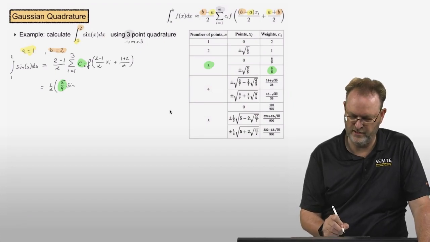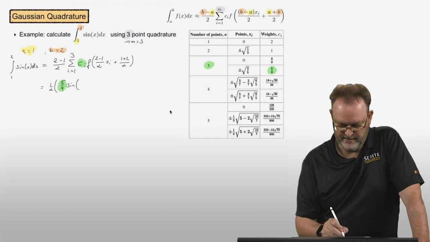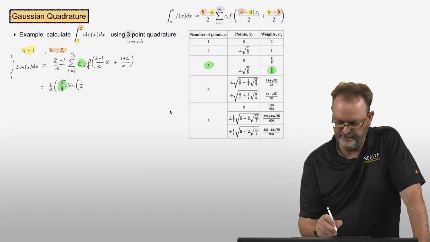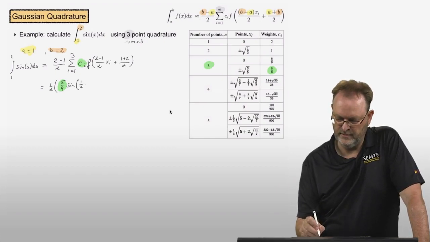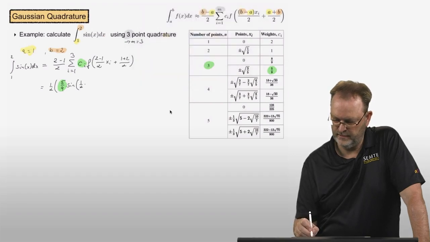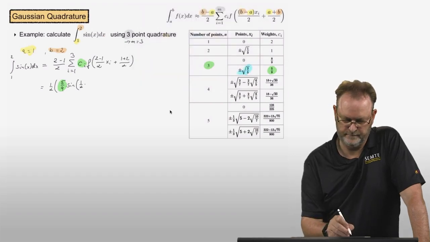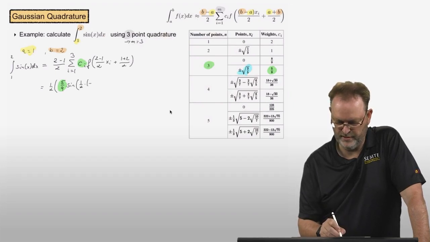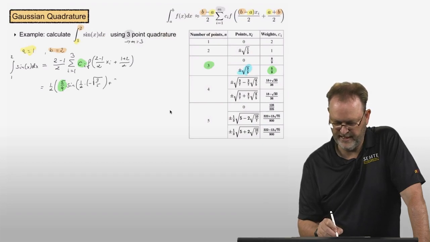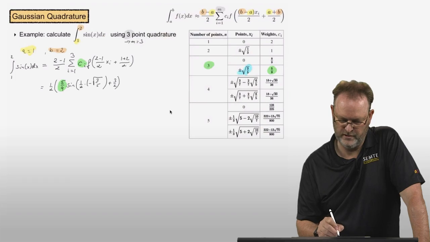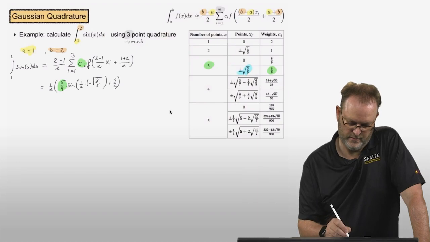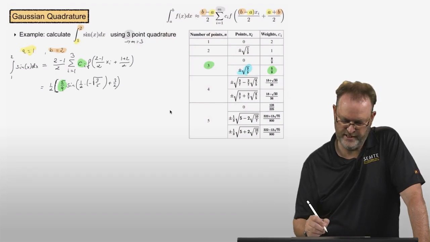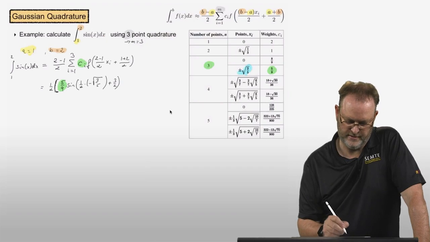So the sine of 2 minus 1/2, that's 1/2, times the x of this. So let me mark here the x, as this guy. So that would be negative the square root of 3/5 plus 3/2, 1 plus 2/2. So that's this one. Let's open here a square bracket and make this into this.